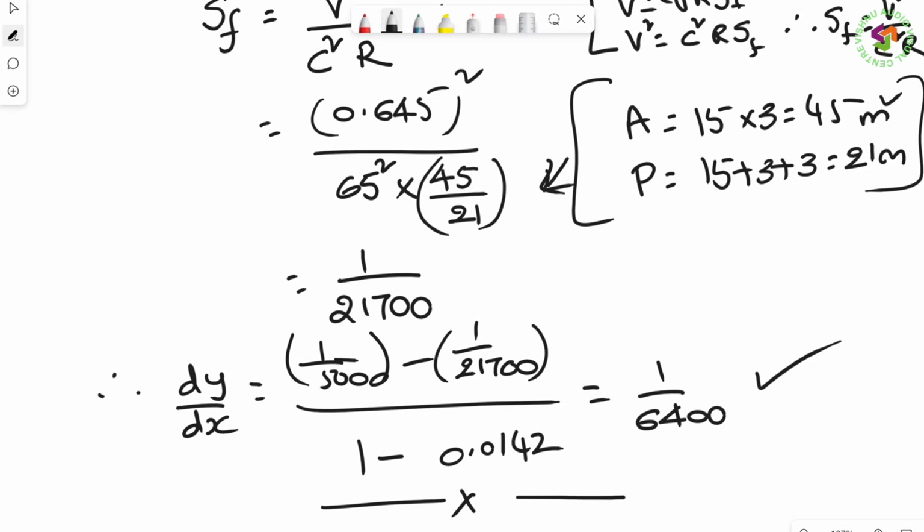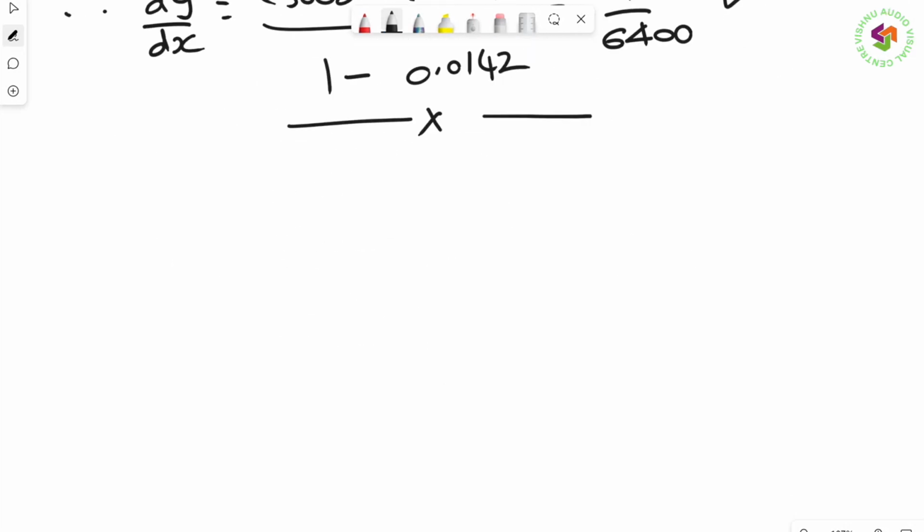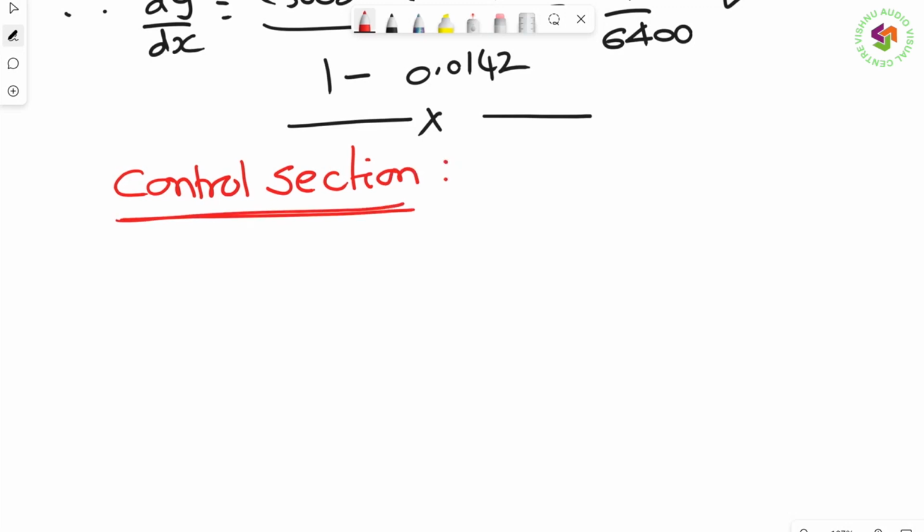Now the last topic I want to take is one section. What is a control section? The closure of this topic is: what is a control section?